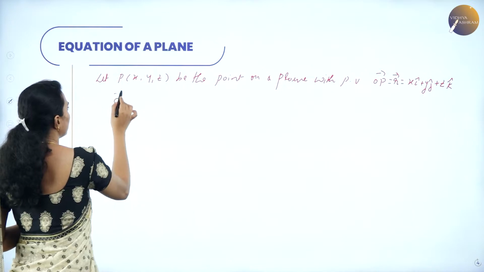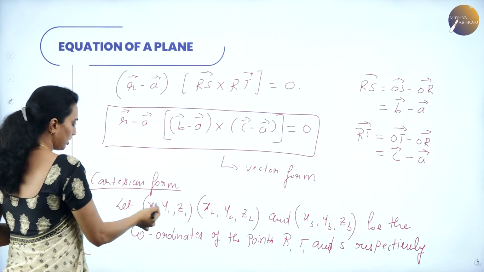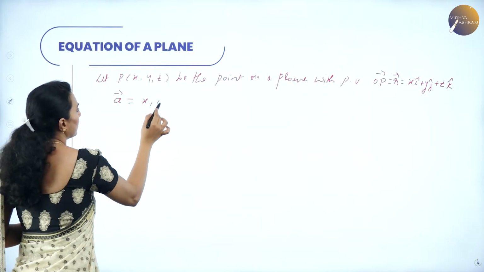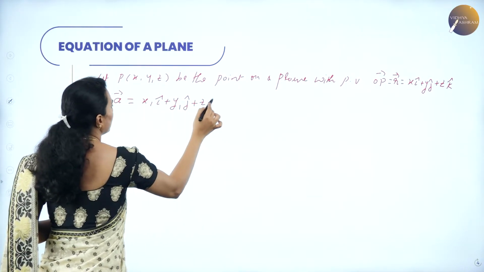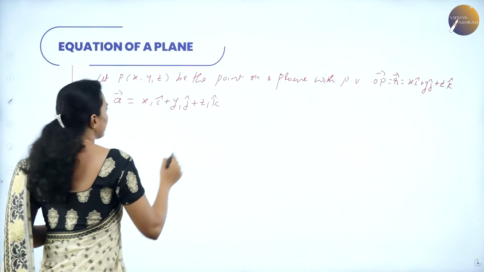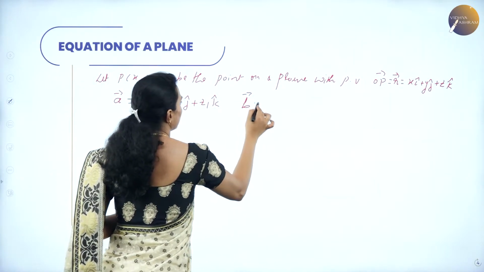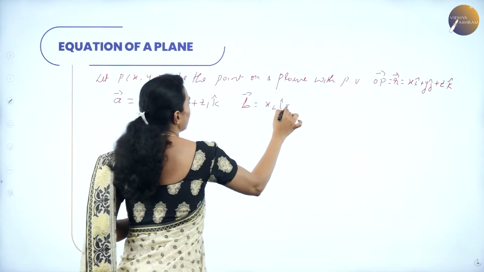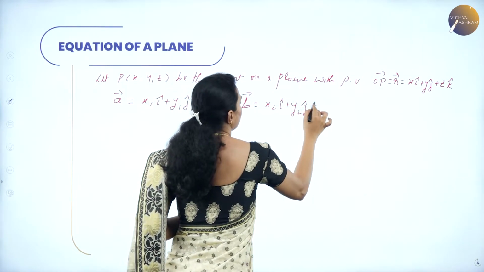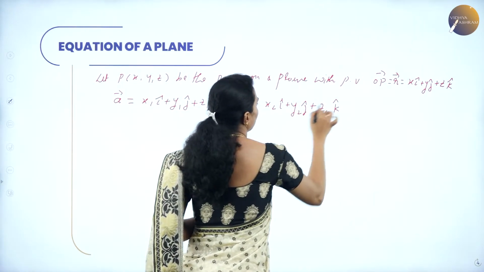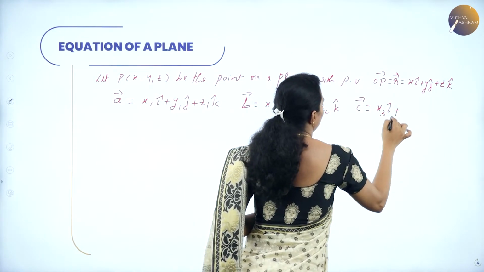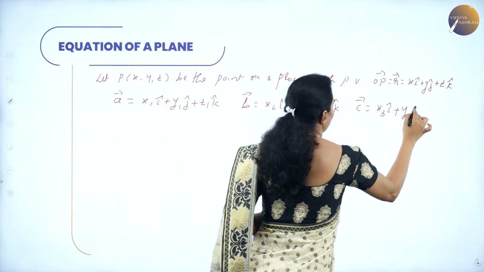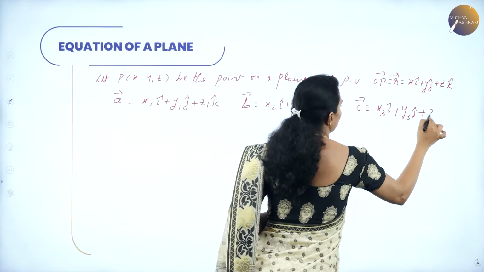What is A vector? A vector is nothing but x1i plus y1j plus z1k. Similarly, B vector is nothing but x2i plus y2j plus z2k, and then C vector will be x3i plus y3j plus z3k.